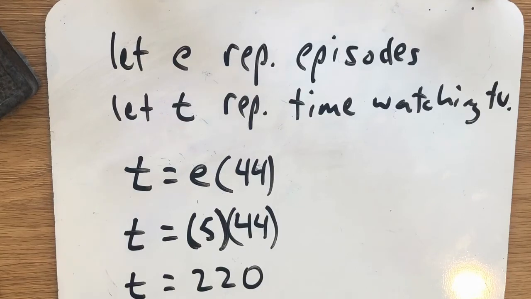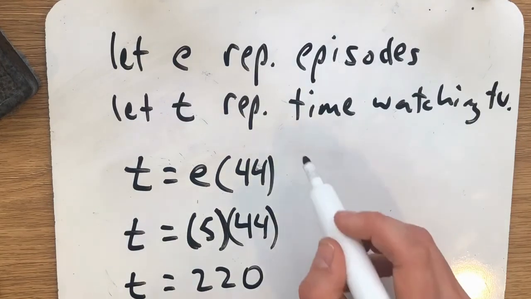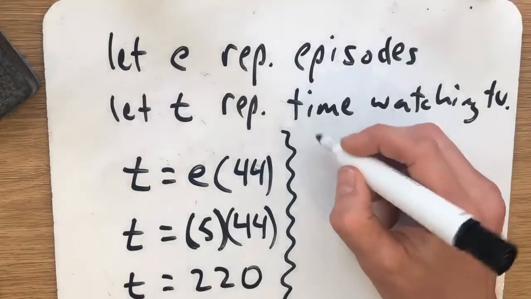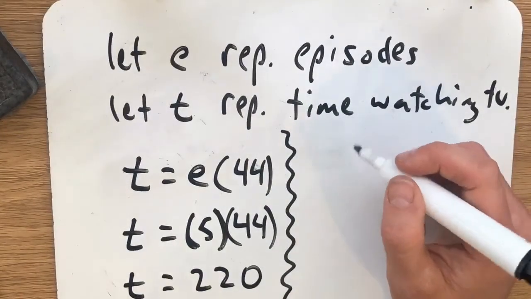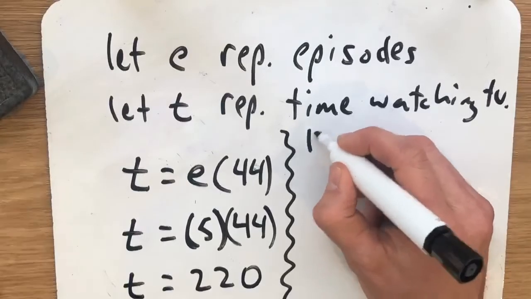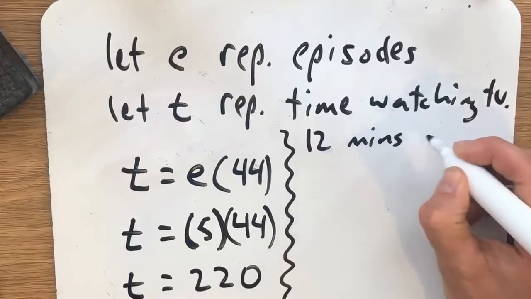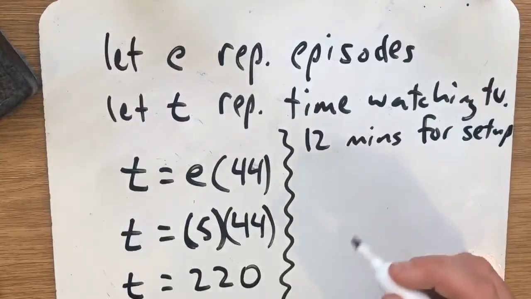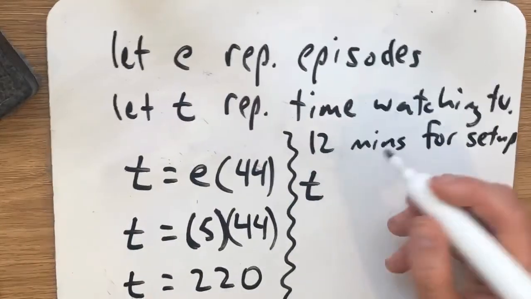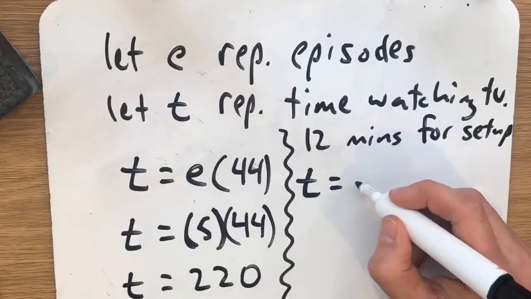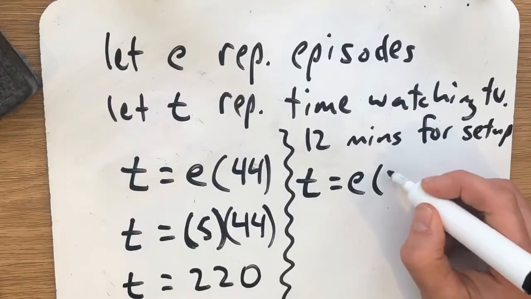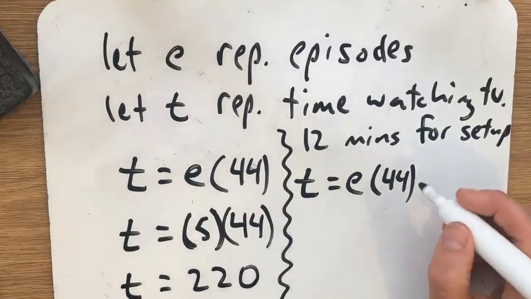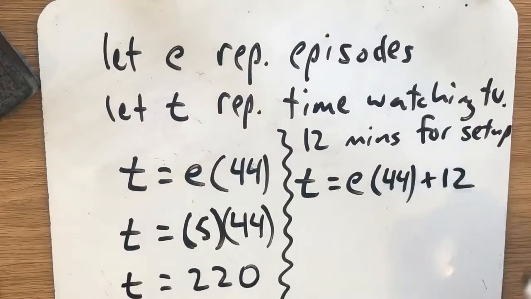Grade 8 is a little bit more complicated. Let's imagine grade 8s that I, because I'm old, take 12 minutes to set it up. That means the time that I watch TV is equal to the episodes I watch times 44. But no matter how many episodes I watch, I always have to add that 12 minutes for setup.